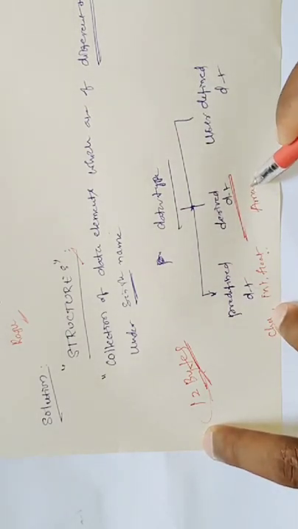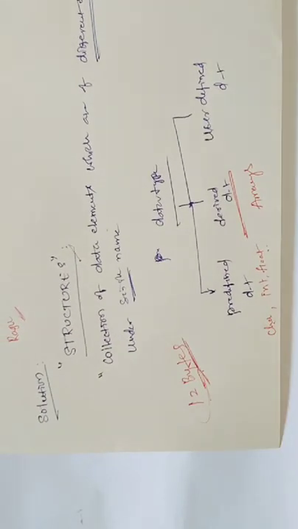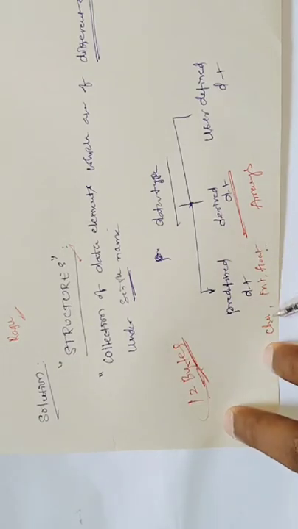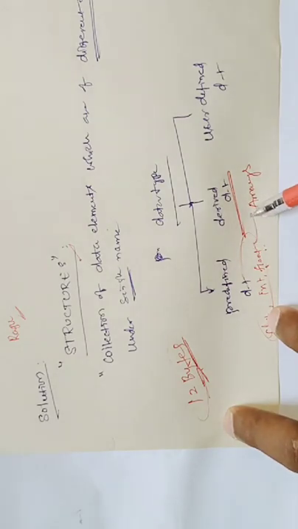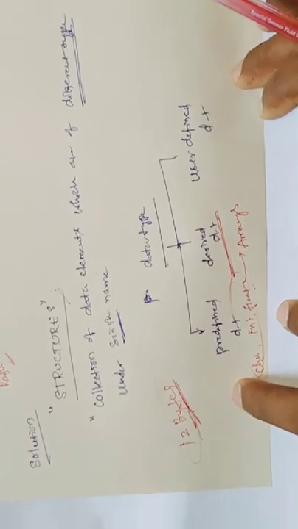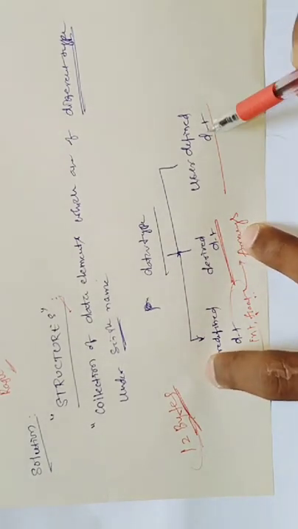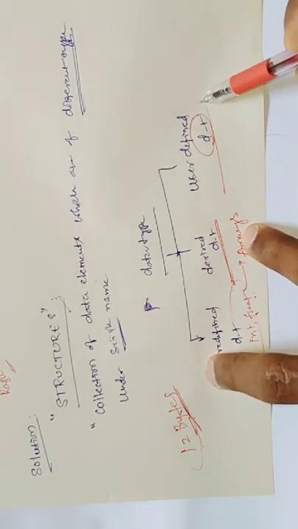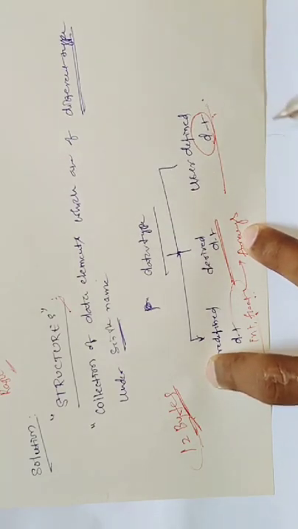One of the best examples is what? Arrays. Arrays will give you the required amount of data. But the problem is what? All are of similar data type, a single data type. The same way, if we are not satisfied with the predefined data types, just like how we went for derived data types, we can go for user defined data types. Meaning the data type is the user's choice.